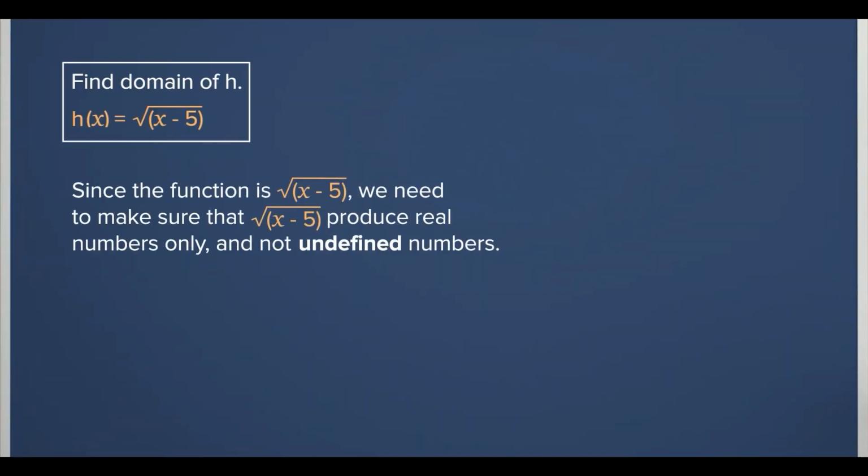Since the function is the square root of x minus 5, we need to make sure that the square root of x minus 5 produces real numbers only and not undefined numbers. I know that the square root of positive numbers are all acceptable. I know that the square root of 0 is also acceptable.